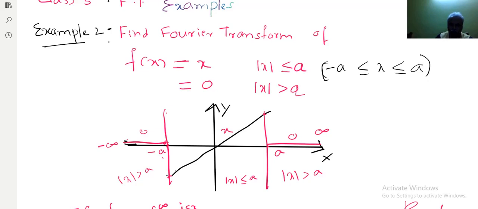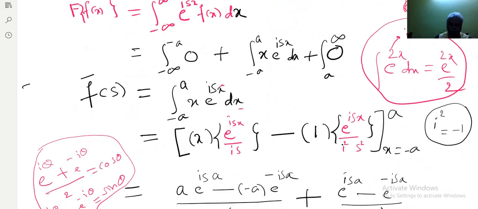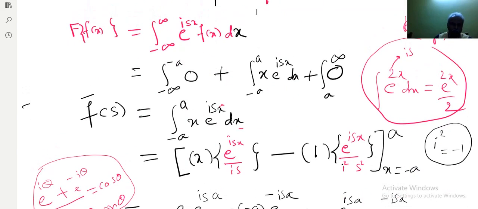So now using this Fourier transform definition, first you should be able to write the Fourier transform definition. So what is the Fourier transform of f of x? In every example, it is nothing but integration minus to plus infinity. You have to multiply by e raised to i s x f x, integration minus to plus infinity e raised to i s x f x dx. So that you break this into three parts.